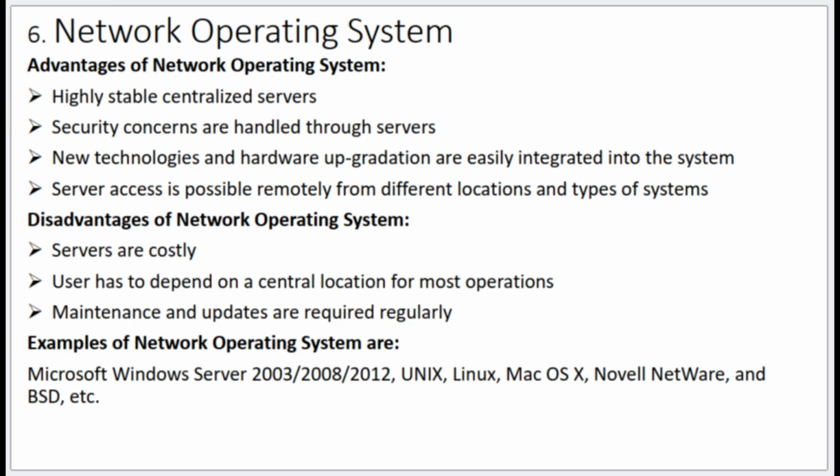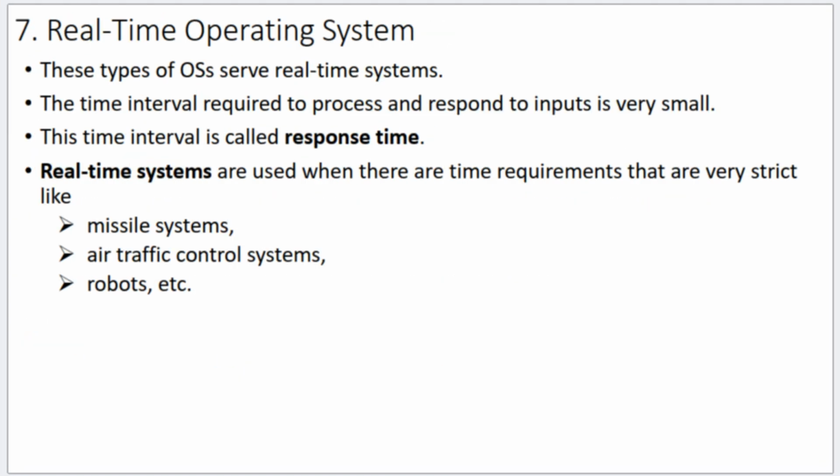Users have to depend on a central location for most operations. Maintenance and updates are required regularly. Examples of network operating systems are Microsoft Windows Server 2003/2008/2012, Unix, Linux, Mac OS X, Novell NetWare, and BSD, etc.